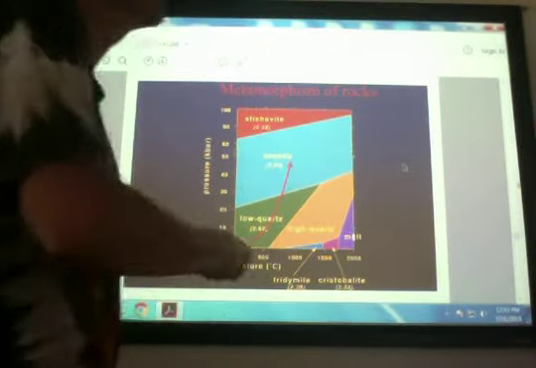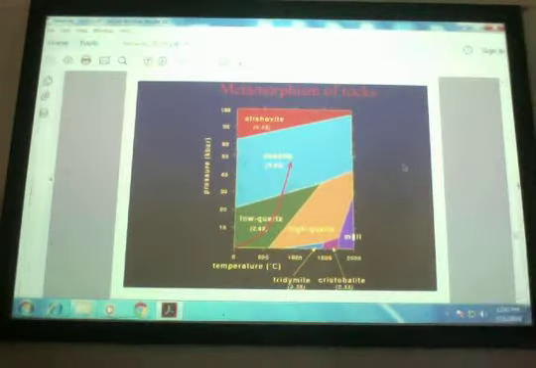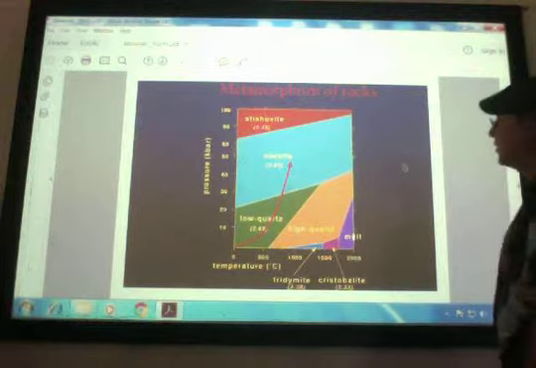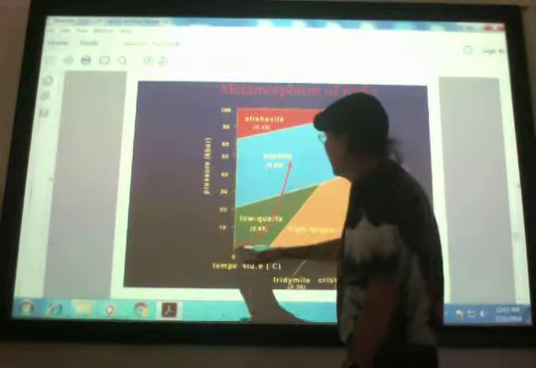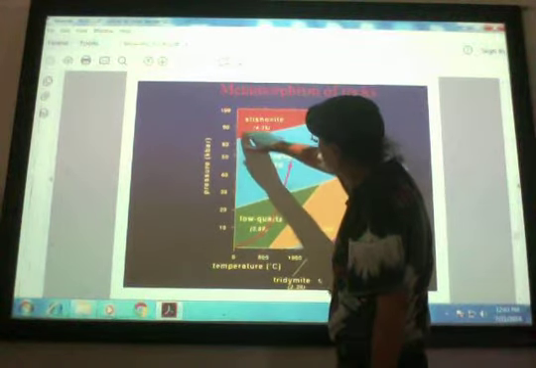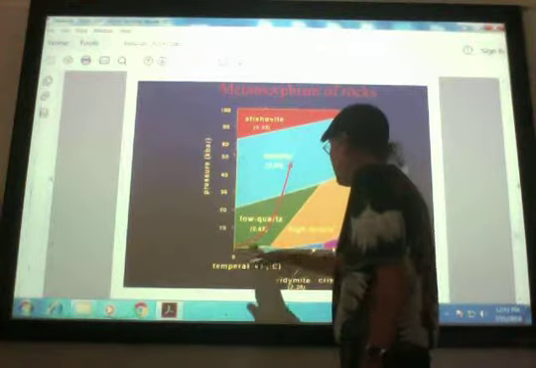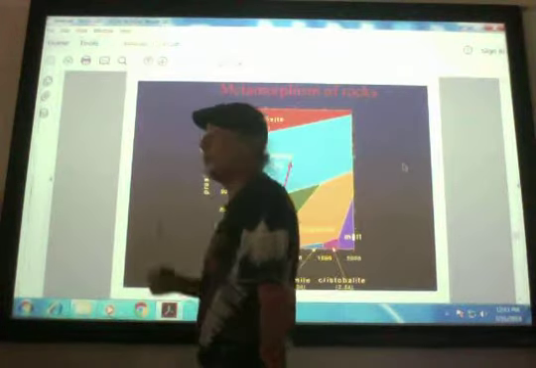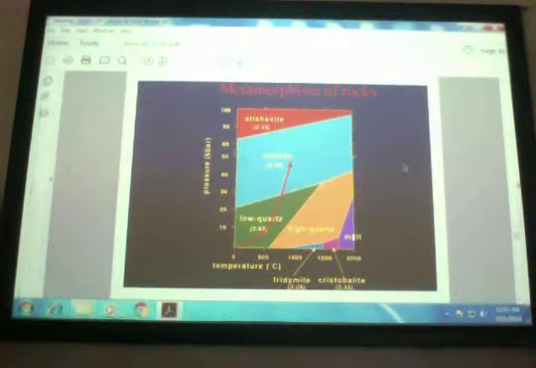That is because your stishovite likes to go back to the low quartz modification. So that is when you are increasing the pressure. When you are increasing the temperature, then you are increasing the volume.